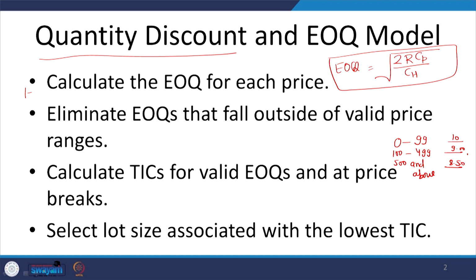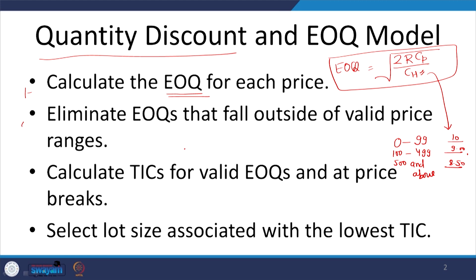So, there are 3 different prices given to us, and for each of these prices we will calculate the economic order quantity. This calculation of price-respective EOQ is only possible when your CH depends on price. If CH is given in absolute terms, then this price-dependent EOQ calculation will not be possible. When CH is given as a percentage of cost price, only then this price-dependent EOQ can be calculated.